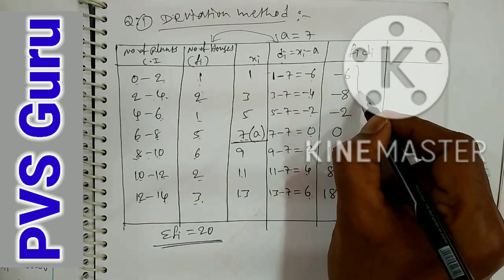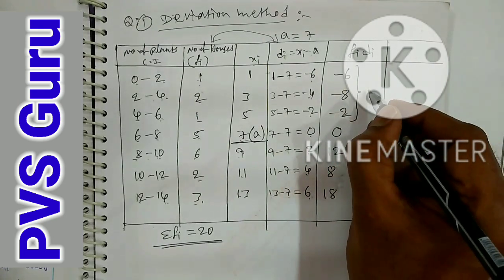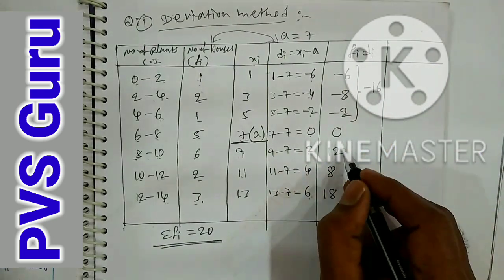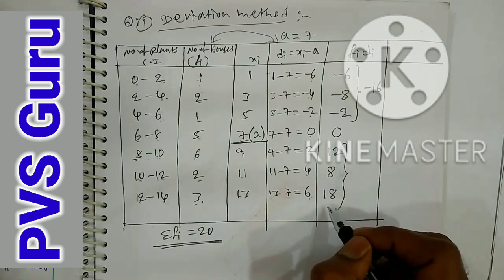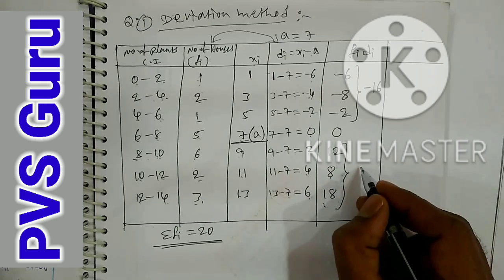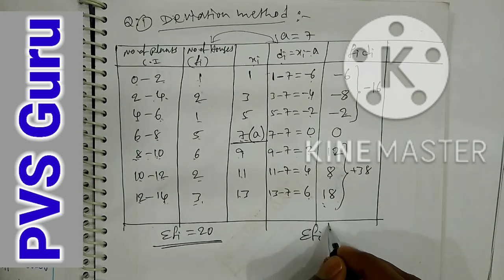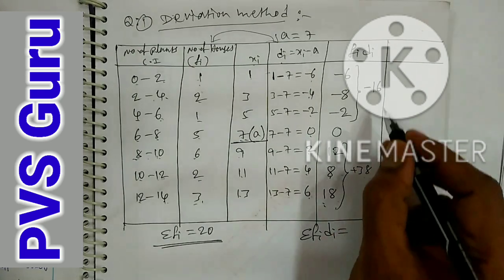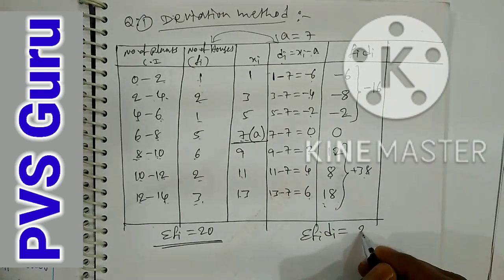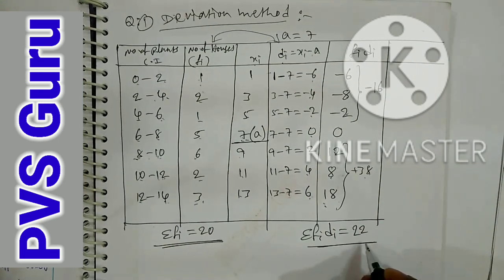Now add the negative values first: 8 plus 2 is 10, 10 plus 6 is 16, so minus 16. Then add the three positive values: 12 plus 8 is 20, plus 18 is 38. So sigma Fi di is 38 minus 16, which is plus 22.